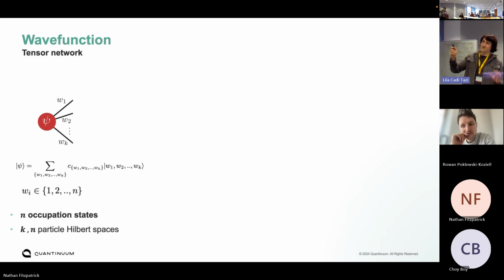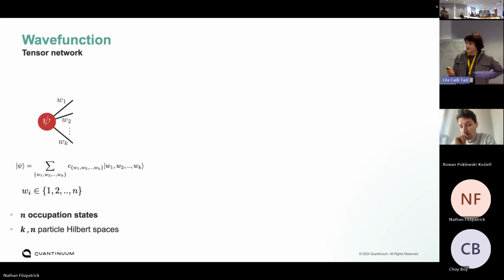This is just a tensor product, and each one of these w's can have any value from 1 to n. This allows you to build basis states like this, and the coefficient for each one of these basis functions is stored inside this tensor. And we have k of these n-particle Hilbert spaces.